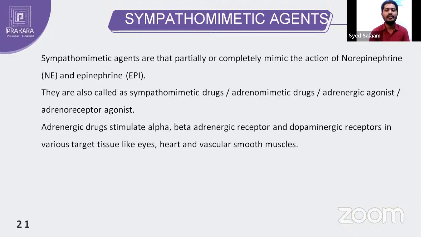All these are one and the same category: sympathomimetics, adrenomimetics, adrenergic agonists, or adrenoreceptor agonists. These adrenergic drugs will stimulate alpha and beta adrenergic receptors and specific dopaminergic receptors, targeting various parts, eyes, heart, and vascular smooth muscles, and they will be showing their action.